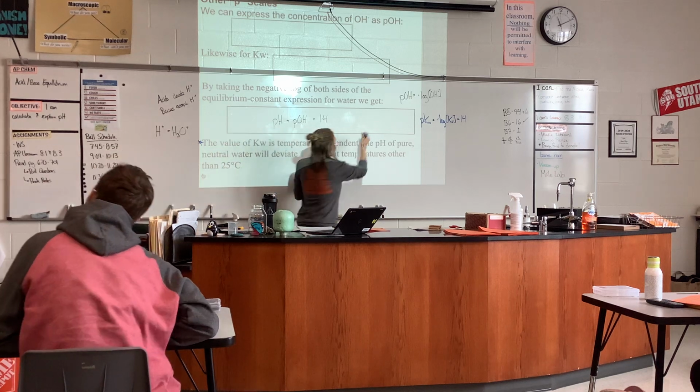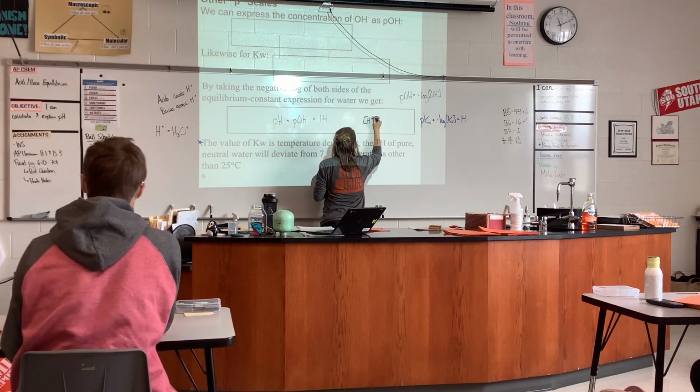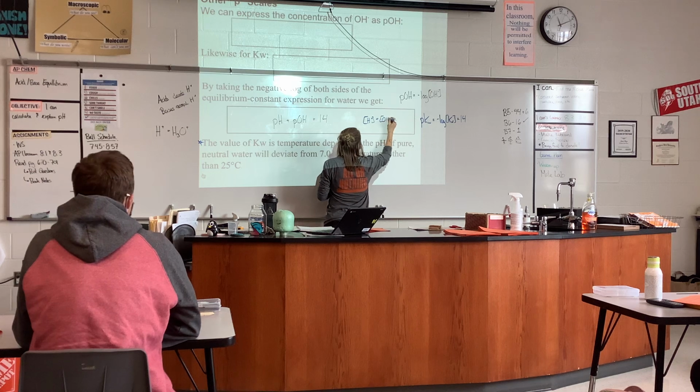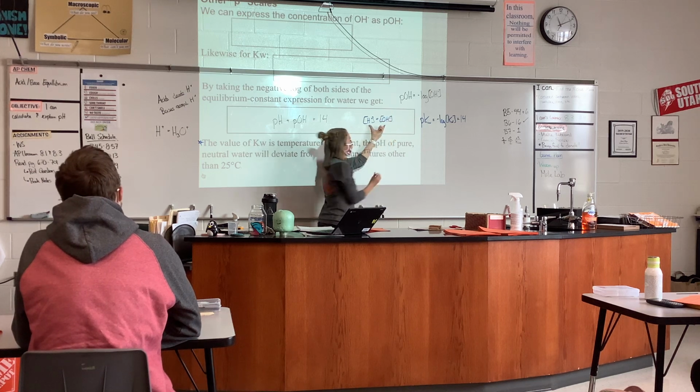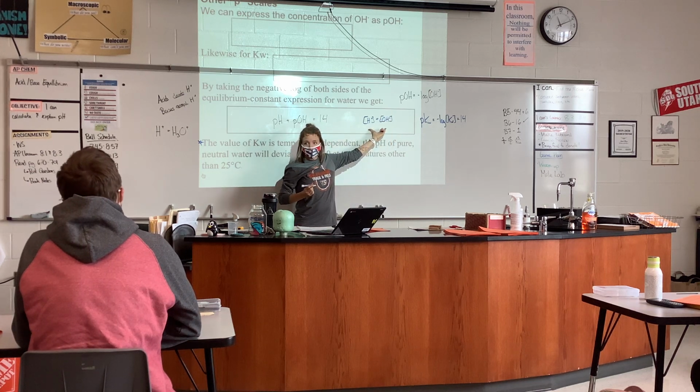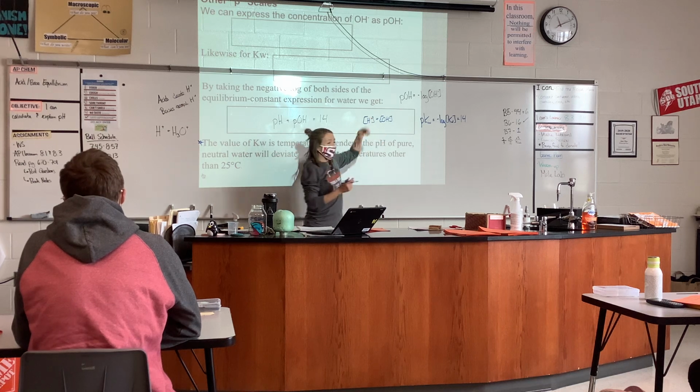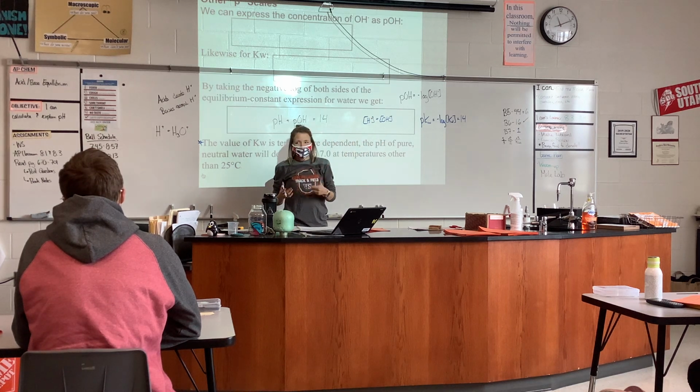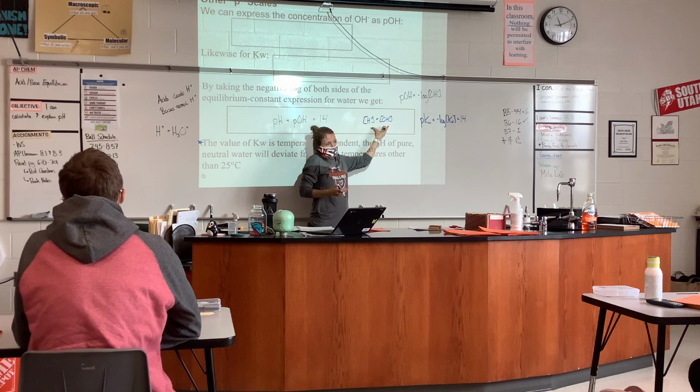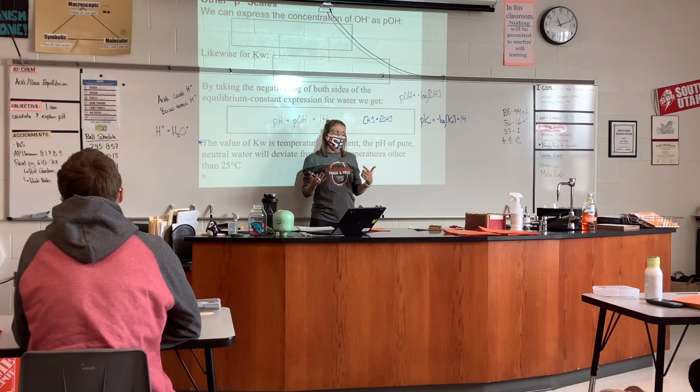So this and this are equal when something is neutral. If KW goes up or down, it doesn't change the fact that these are still equal. So pretty much the pH scale is very deceiving outside of 25 degrees Celsius.